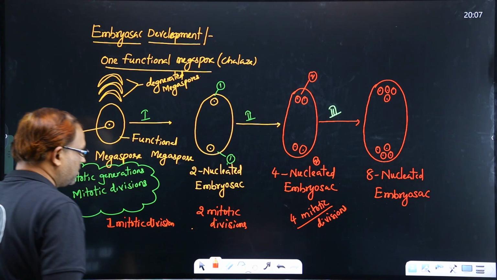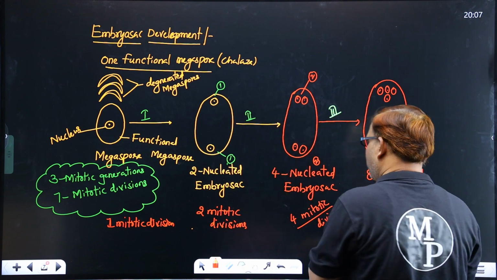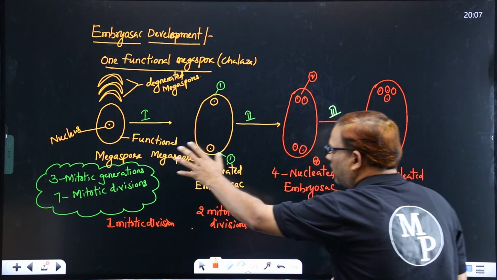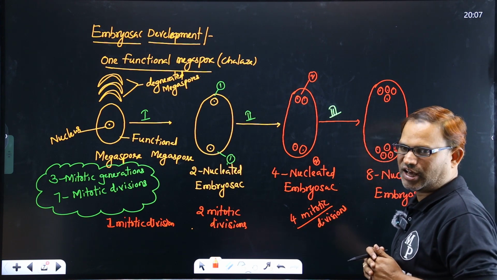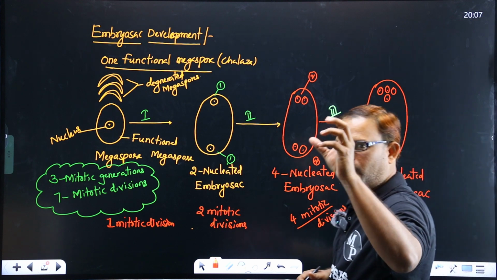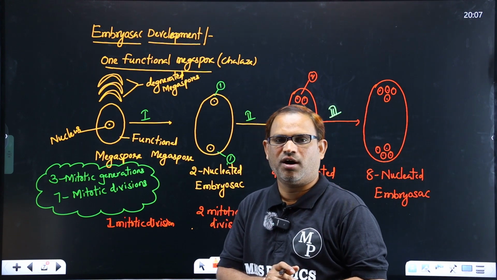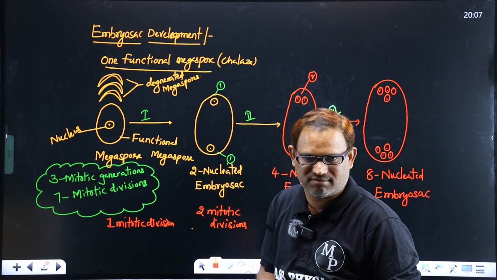Now see, from the functional megaspore to the 8 nucleated embryo sac, all the divisions are free nuclear divisions only. Free nuclear division means it is not immediately followed by cell wall formation.